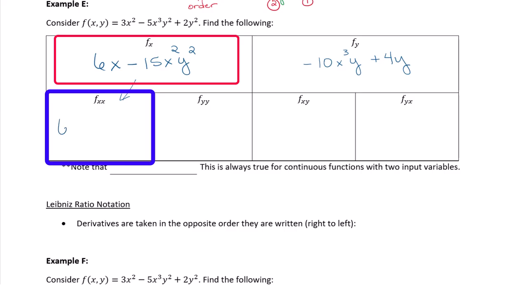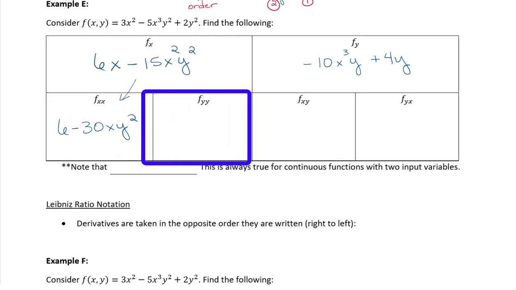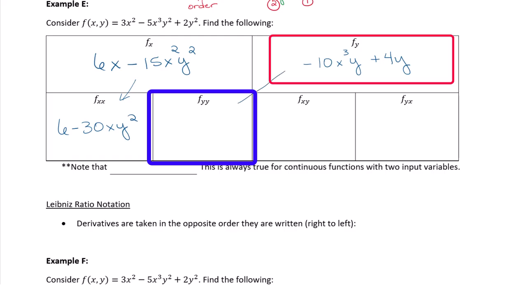So that would give us a 6 minus 30x y squared. The next block, it asks for f of y and then y. So we're going to use this derivative, where the first derivative is y, and we're going to take the derivative again using y. So that's going to leave us with a negative 10x cubed plus 4.